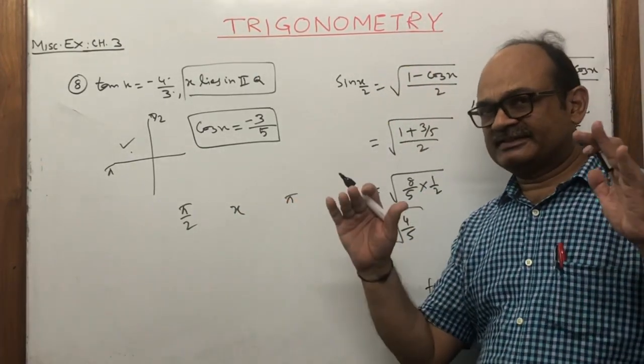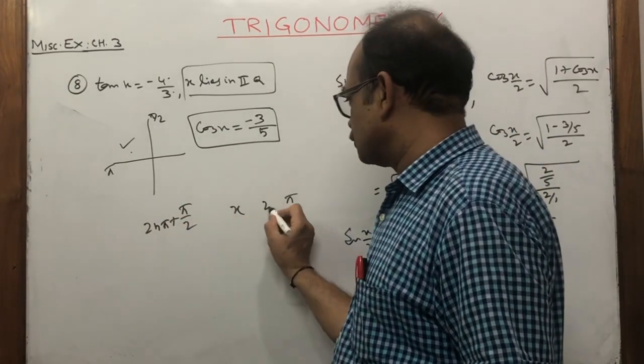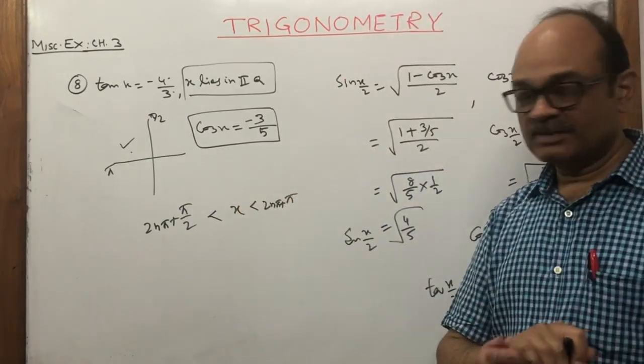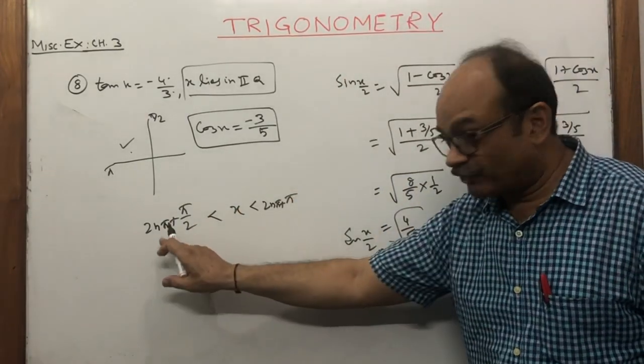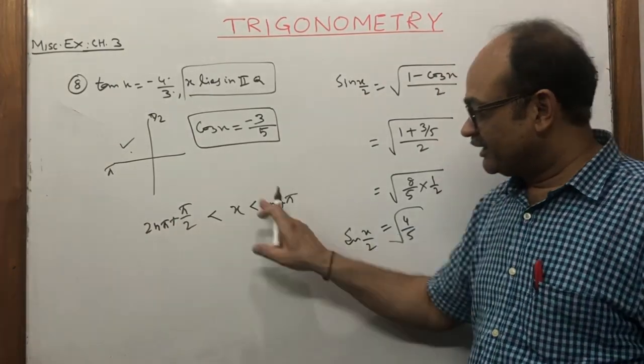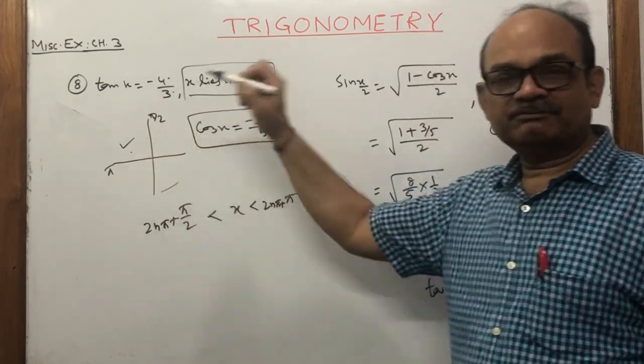But for the generalization, we have to write 2n pi plus pi by 2 to pi. For the general solution, what we have completed in trigonometrical equations, 2n pi, because one circle, then two circle, then three circle, and so on, periodic.